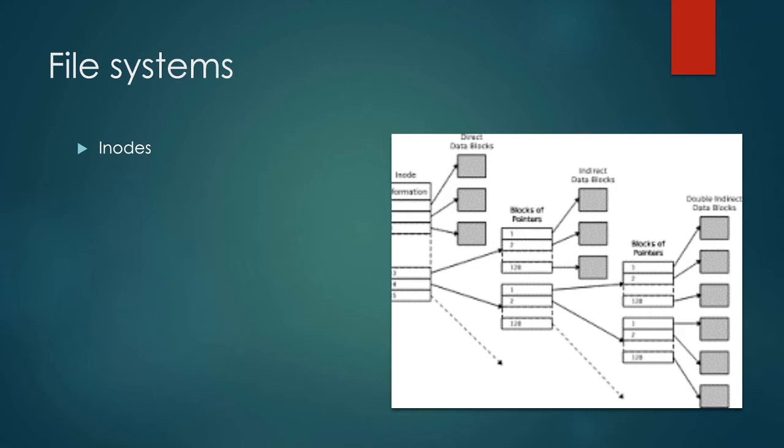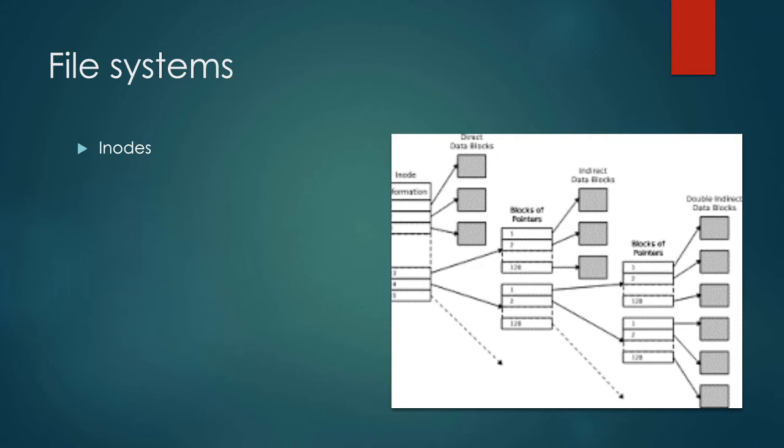In Linux, the file system uses something called inodes. The way inodes work is you basically have a small table with a pointer to a data block. One of the things that makes inodes really powerful is we can actually have pointers to pointers, which will then point to data blocks. These are considered indirect pointers.